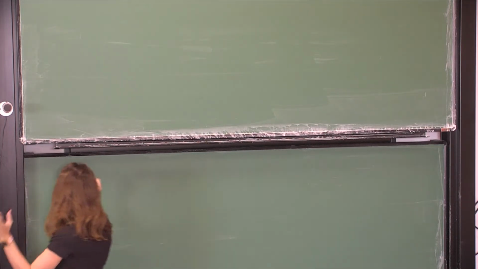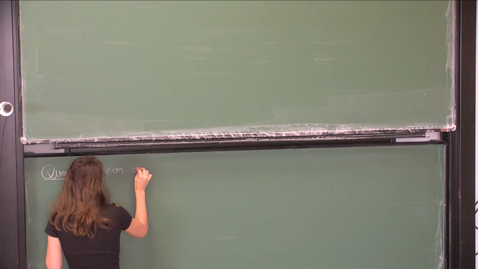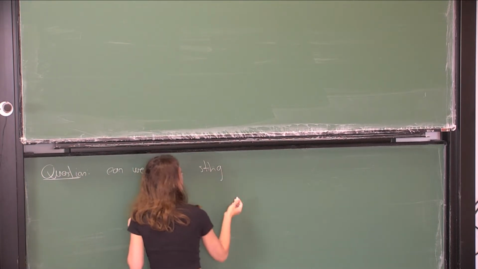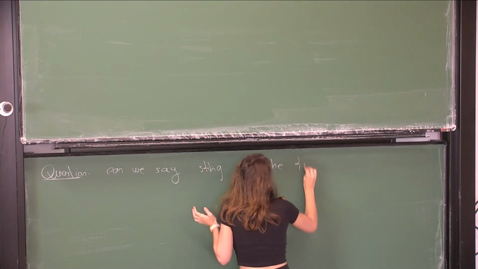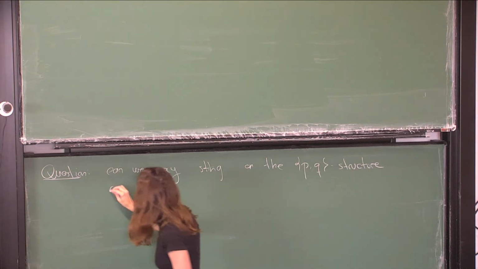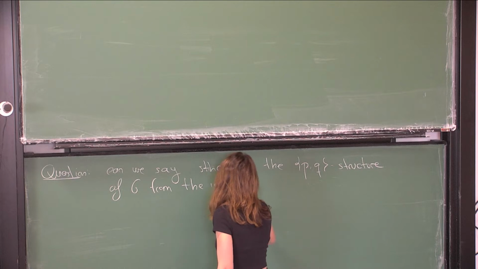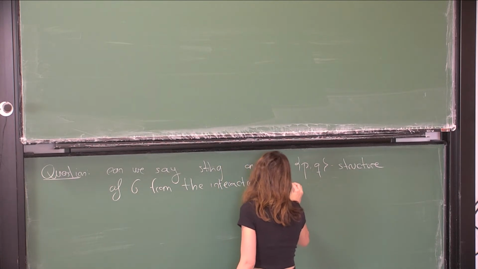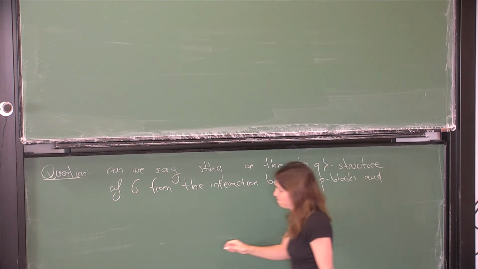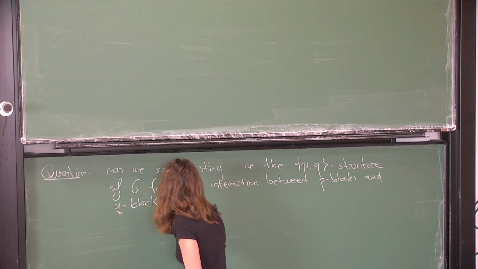So the question would be, can we say something, and I'll try to make this more precise now, on the pq-structure of G from the interaction between p-blocks and q-blocks?